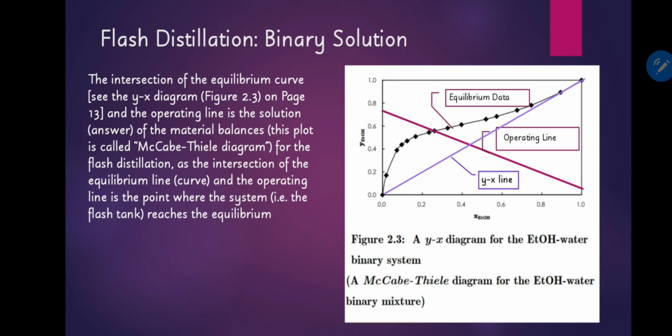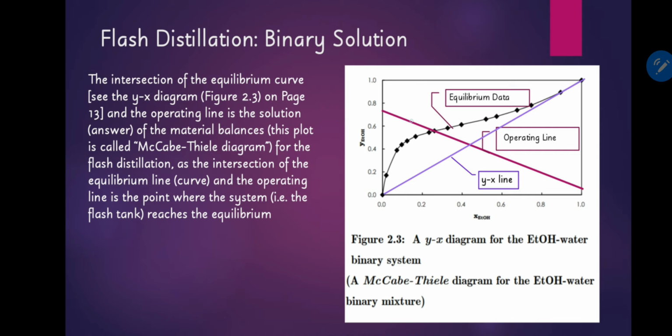Okay, so to solve the equilibrium composition, we need to graph here the operating line. Ito yung kanina nating sinosolve. Equilibrium data, ito yung mga experimental, and the y-x line. Okay, so if you will see this, this is the equilibrium curve, and this is the operating line.